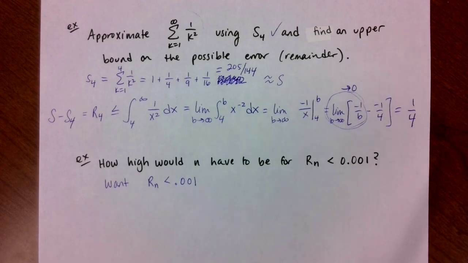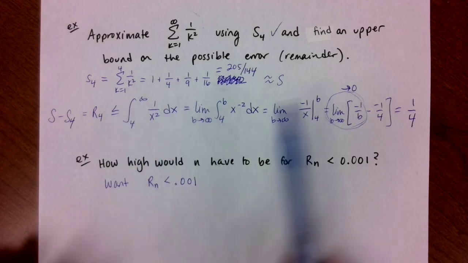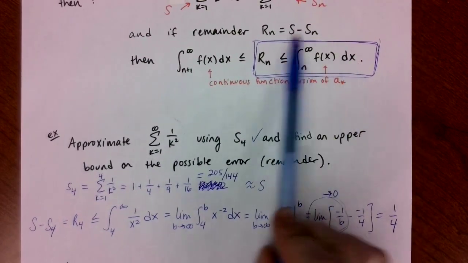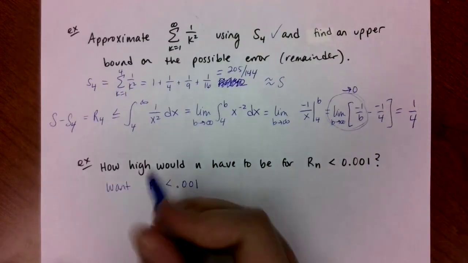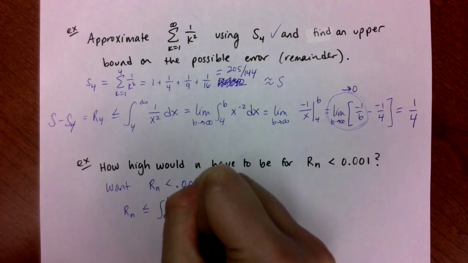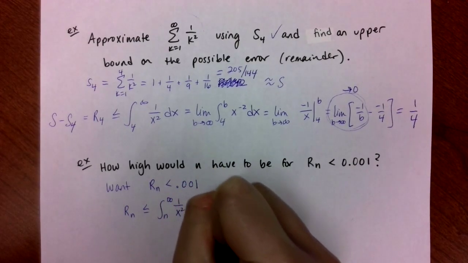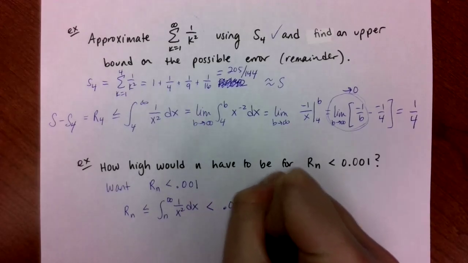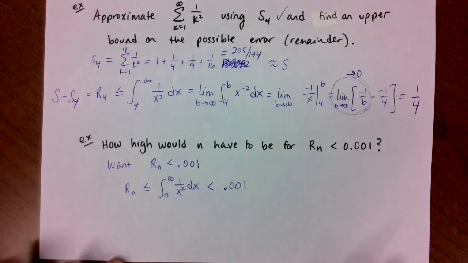Okay, so what we're going to do is say, well, I know that Rn is less than this formula, right? So I'm going to copy this over again. So I know Rn is less than or equal to the integral from n to infinity of 1 over x squared dx. And I want that to be less than 0.001, right?